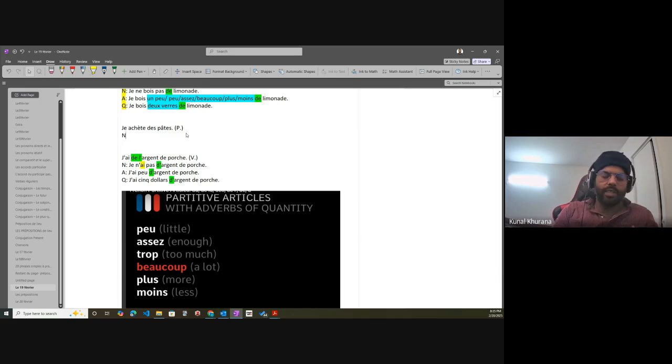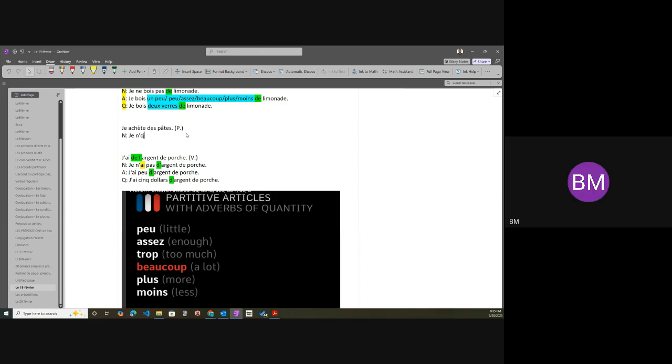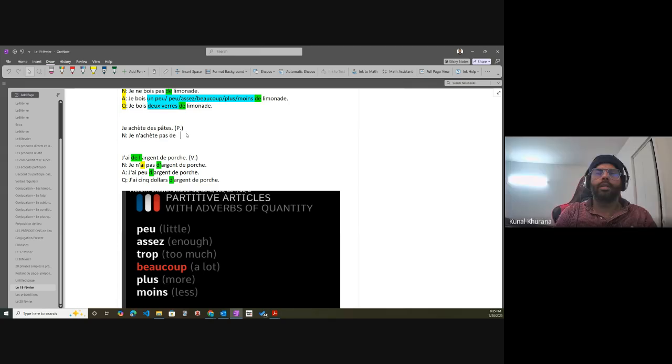In case of plural, how would I do negation? What should come here? Je n'achète pas de pâtes. Yes, because of negation, we have to change this to de.